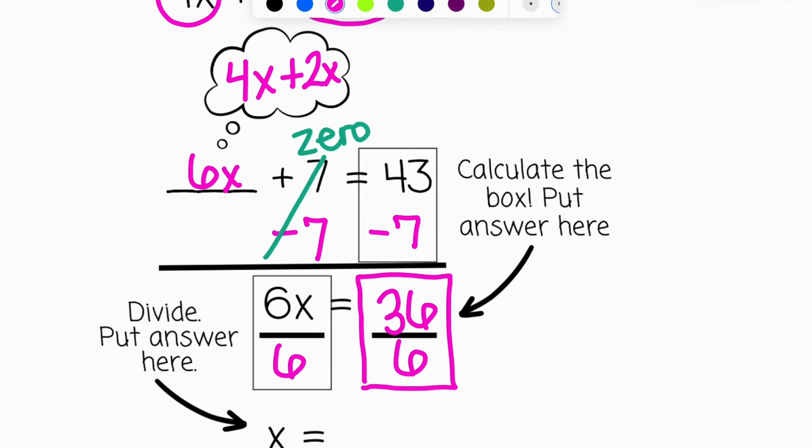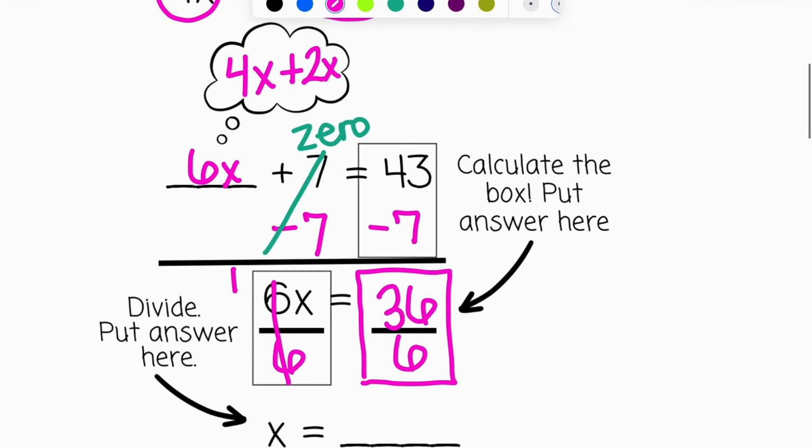When they're side by side, you need to divide. So I'm going to divide by 6 here and here, and I actually need to box this side. Alright, 6 divided by 6 gives me 1x, which is just x. And then I calculate my box. 36 divided by 6 is 6. So I'm saying that my answer is x equals 6.